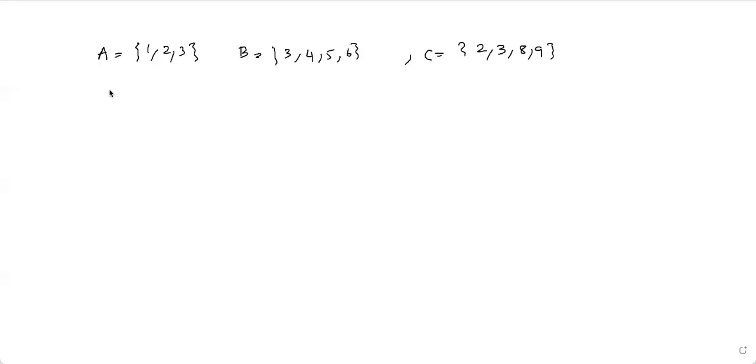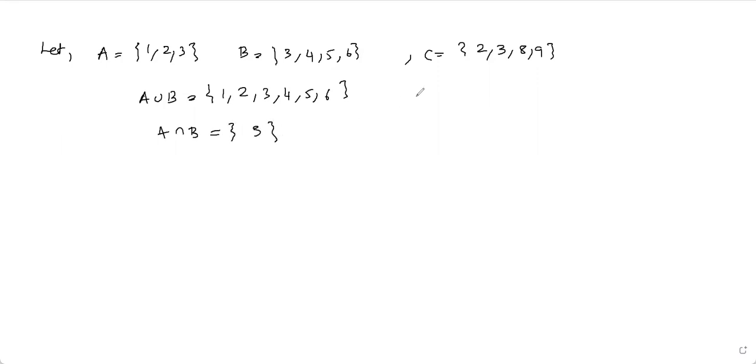So let us consider A as {1, 2, 3}, B as {3, 4, 5, 6}, and C as {2, 3, 8, 9}. Now A union B will be {1, 2, 3, 4, 5, 6}. A intersection B will be {3}.